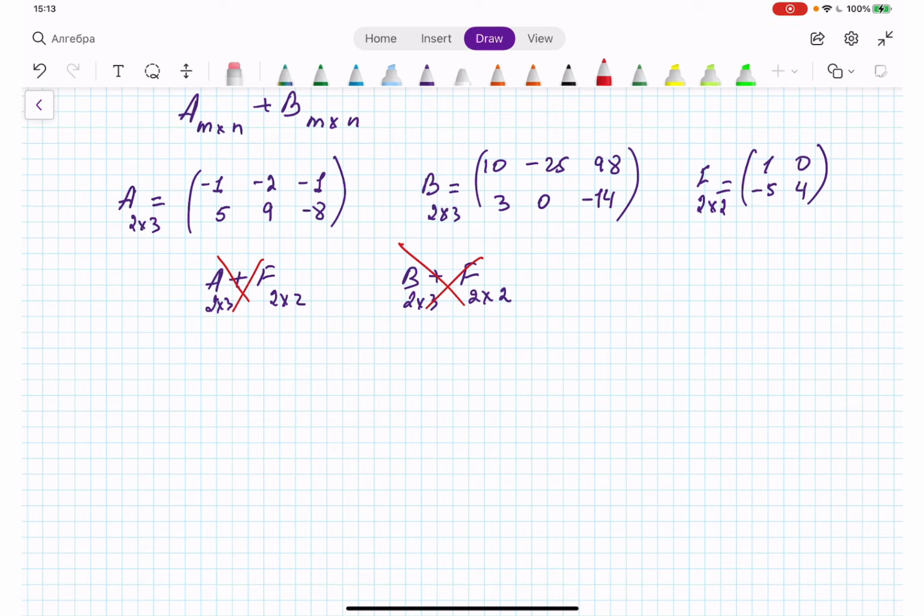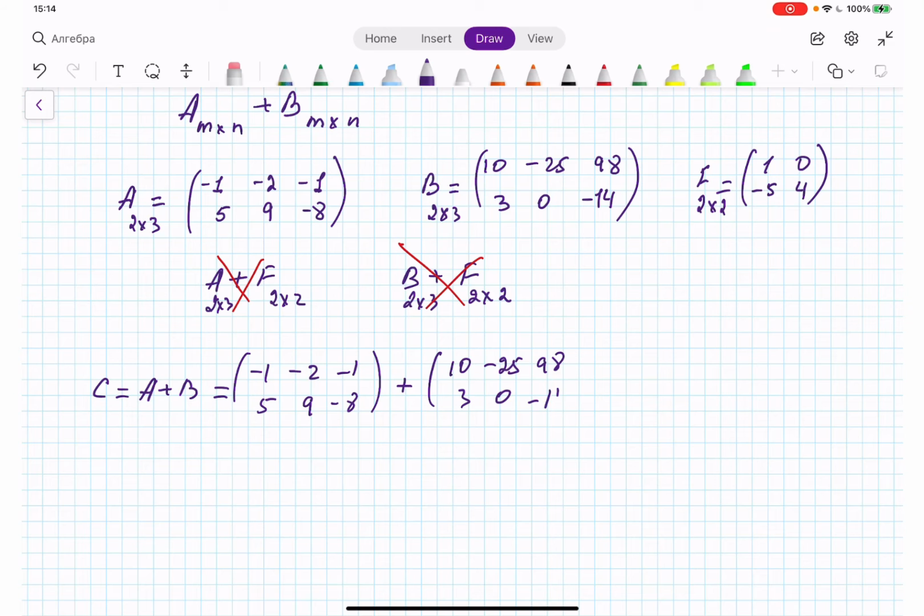All right, matrix C is equal to A plus B, and that is equal to -1, -2, -1, 5, 9, -8, and we are adding 10, -25, 98, and 3, 0, -14. So how are we adding?